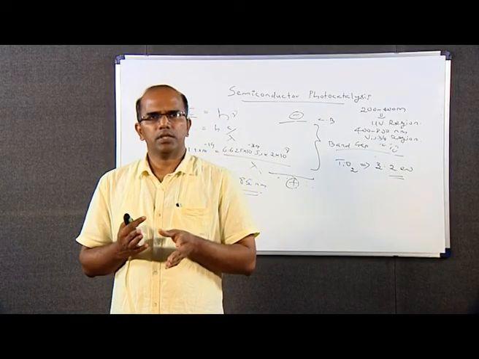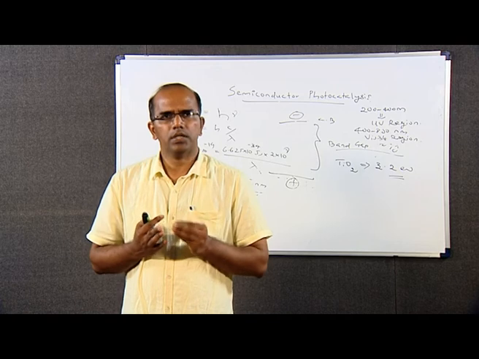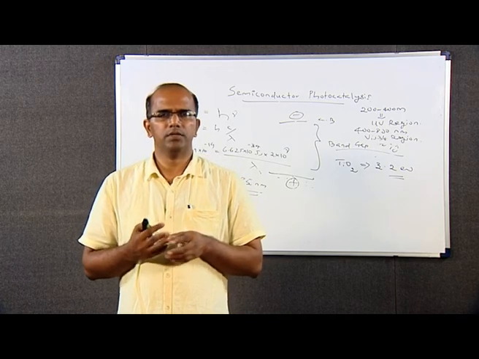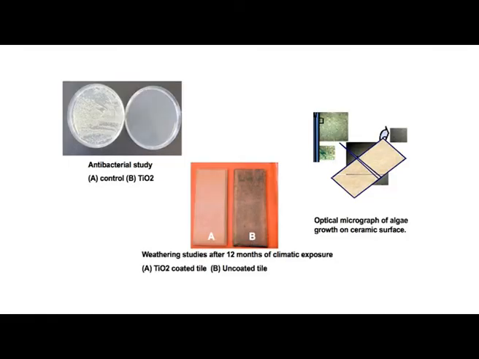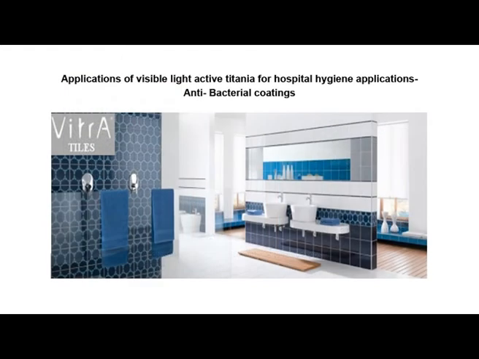After 12 months, the non-coated tile shows the growth of fungi, which is shown as a micrographic image on the right side, and on the left side the TiO2 coated tile doesn't allow the growth of microbes. So, this type of semiconducting coating can be used as an antibacterial coating, and it can be used for the purification of water.